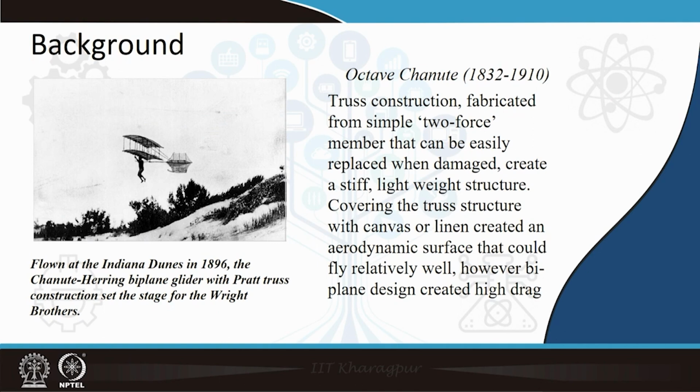In the last lecture, I started talking about the background. So, we started with the person Octave Chanute, who is called the father of aerospace structure. As I said, he was a bridge engineer with railways, and he had designed several advanced bridges for the railways.